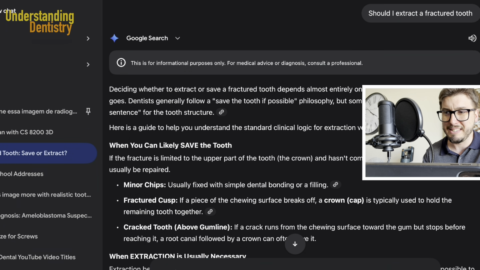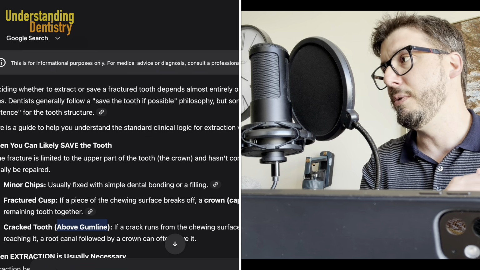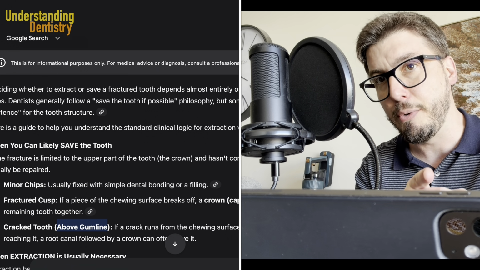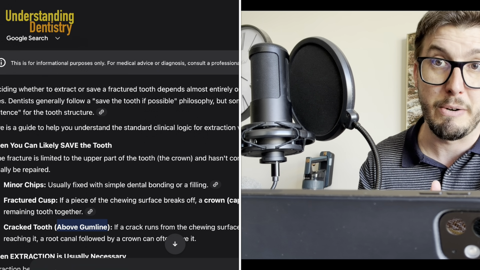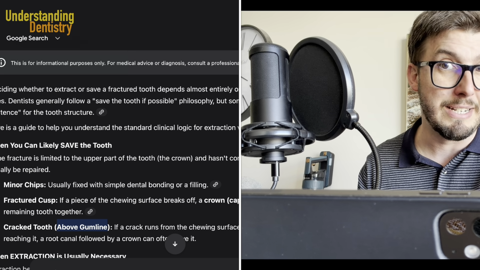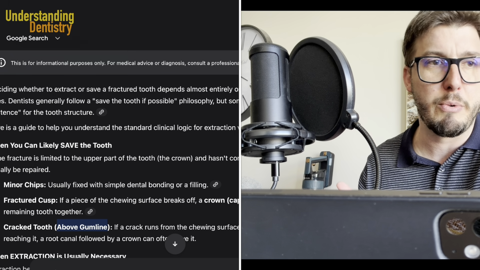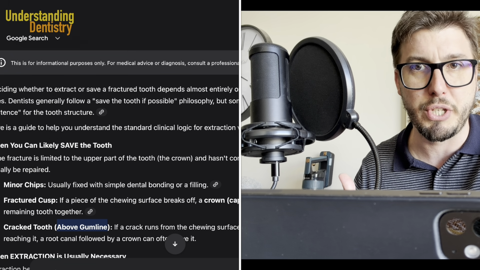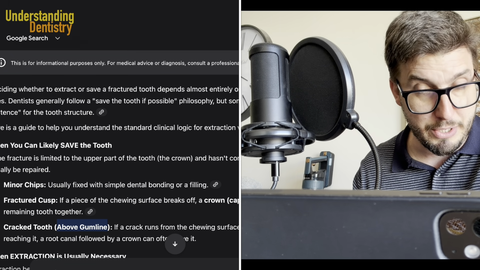We are seeing some terms, for example, the death sentence of the tooth structure, the crown as a cap, above the gum line instead of supragingival, below the gum line instead of subgingival, and things like this. So first of all, we don't have the correct terms. If you are a dental student, that's problem number one, because you are learning the terms in a very popular way. That's not how you are going to proceed in your dental examinations, of course.